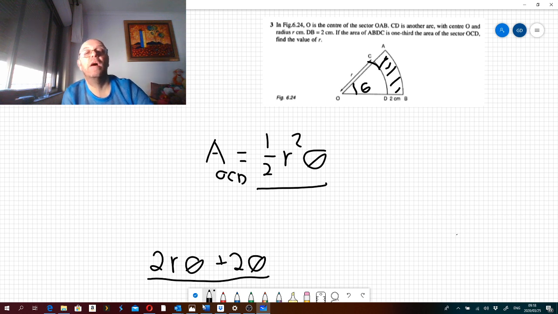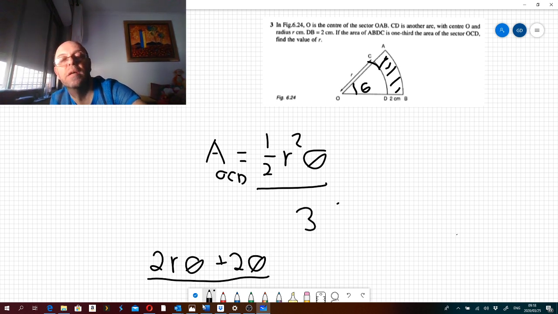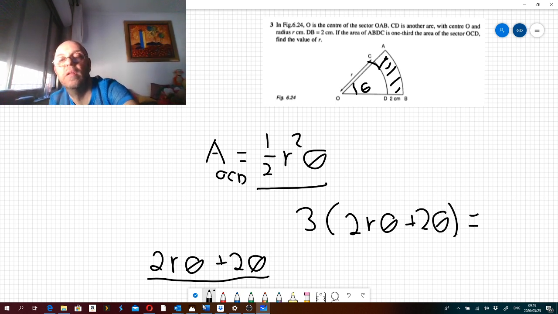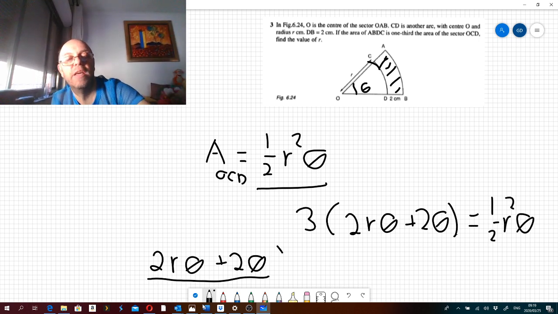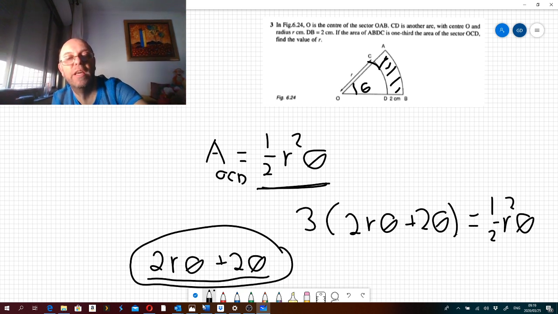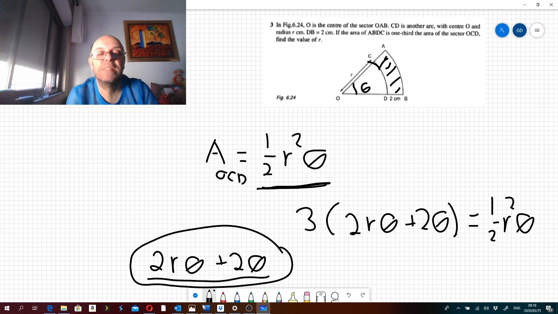So I'm going to write that 3 times the 2r theta plus 2 theta must equal the half r squared theta, because if this area here is 1/3 of this area over here, then 3 times that small area would make it equal to that one.